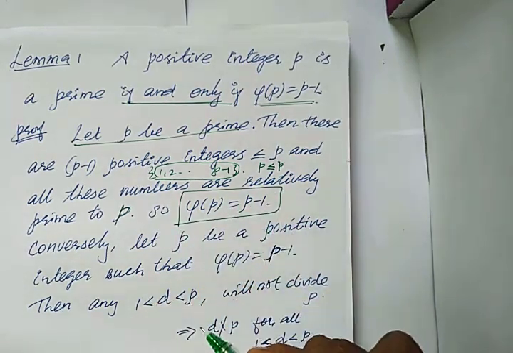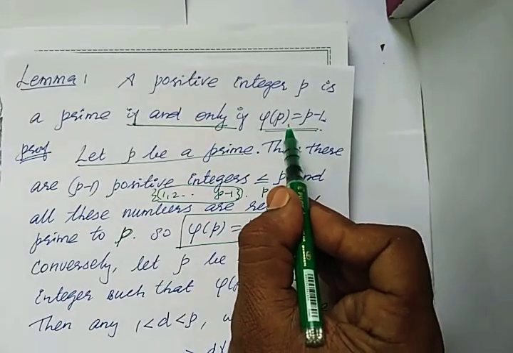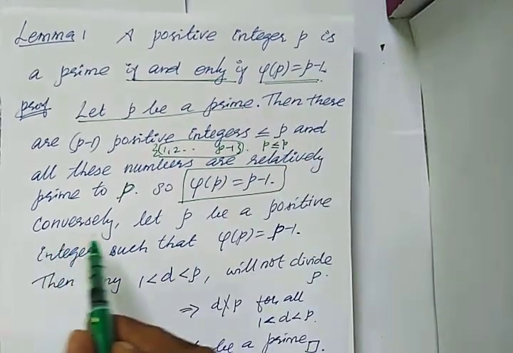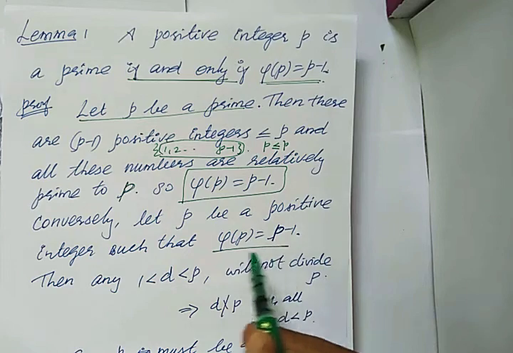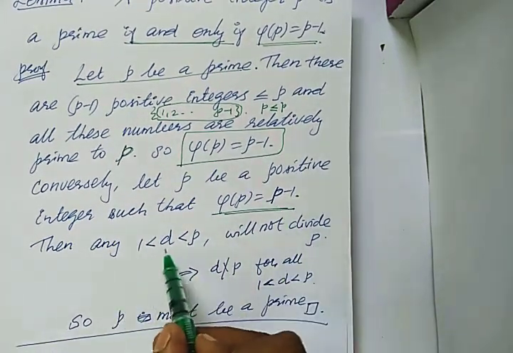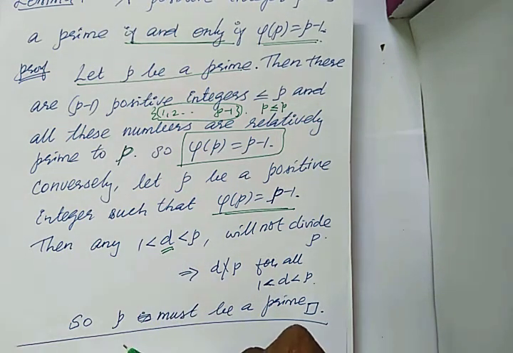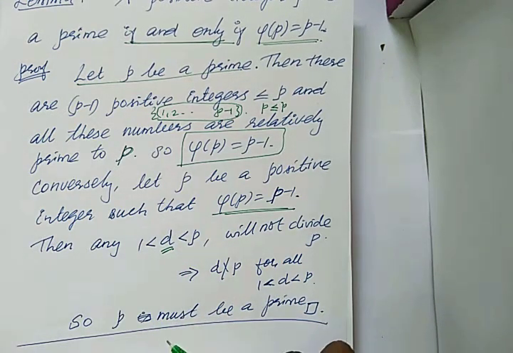So phi of p is p minus 1. Conversely, we now assume this and prove that p is a prime. Let p be a positive integer such that this condition holds. Now take any d which is less than p and greater than 1. Surely that will not divide p. Why?